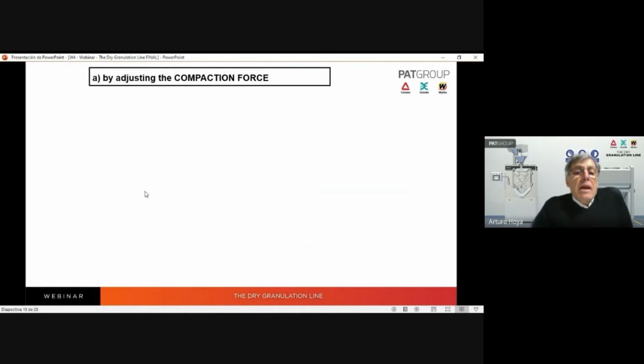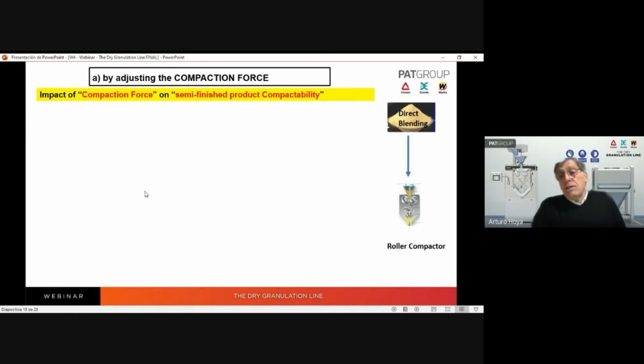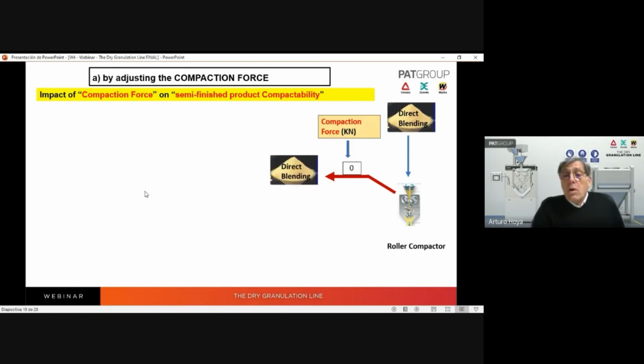First, how to optimize the roller compaction process by adjusting the compaction force. Look at this. Impact of compaction force on the compactability of the intermediate product or semi-finished product. We have a direct blending, and we want to compact in a roller compactor. The compaction force we apply, for example, 0, will not modify the characteristics of the powder.